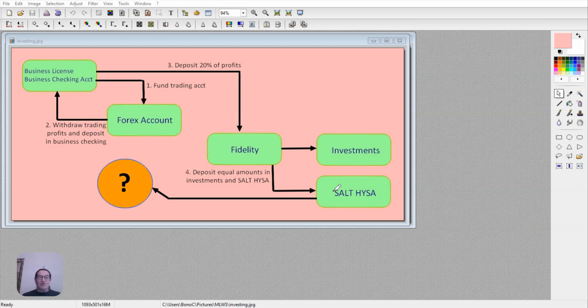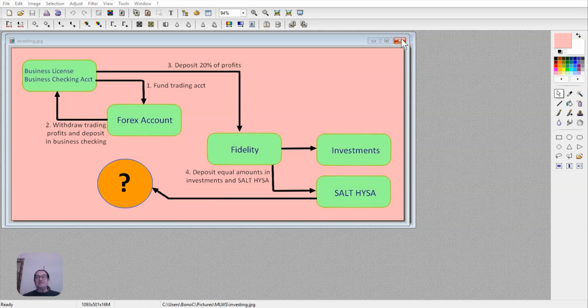So how do you go about this? And do you just go willy-nilly, take out money, put it somewhere? No, you don't. And I'm going to show you next what you really should be doing.